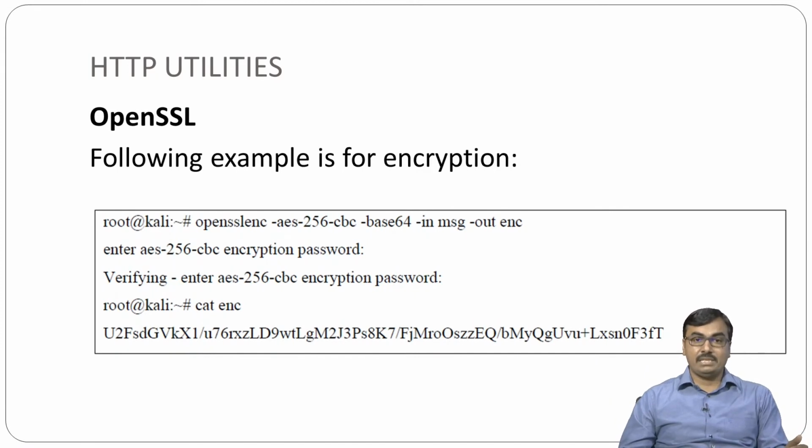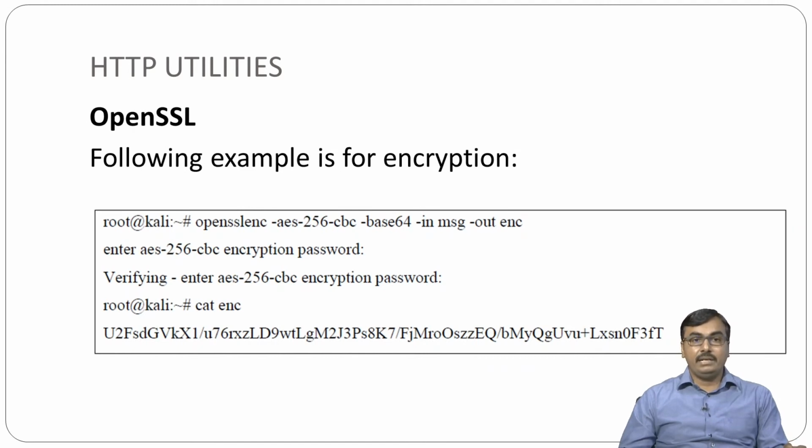MSG is my plain text file. Then I am going to provide the out file which I am going to transfer to the destination server or destination node. So -out is my output file, and you can see here enc is my output file.